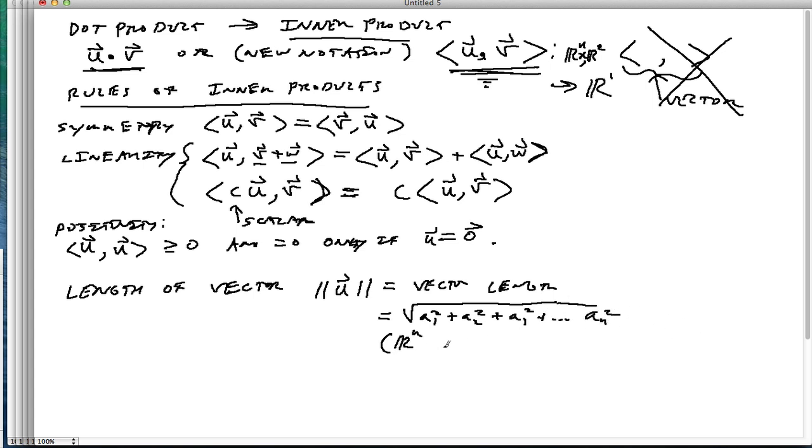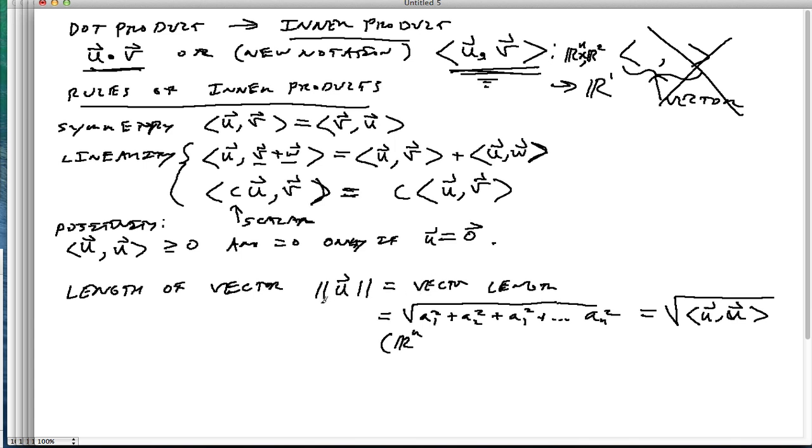We can rewrite this: the sum of squares is exactly what a dot product is, so that's just u comma u, and we take the square root.